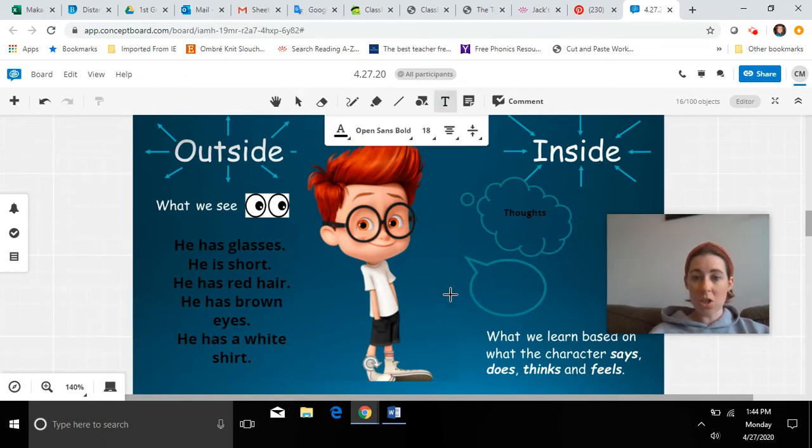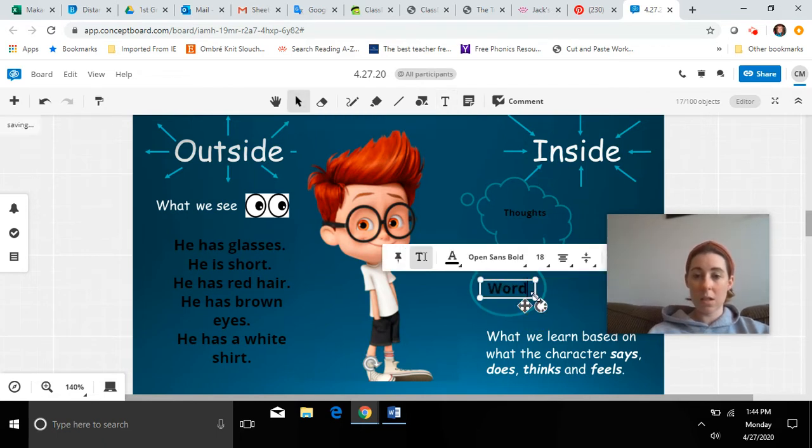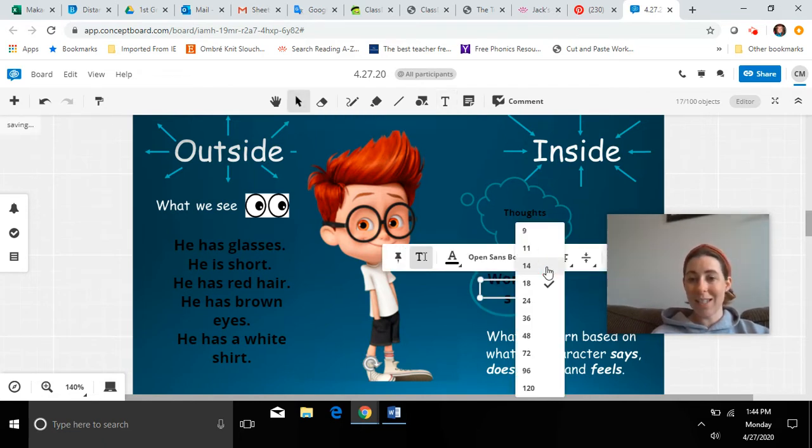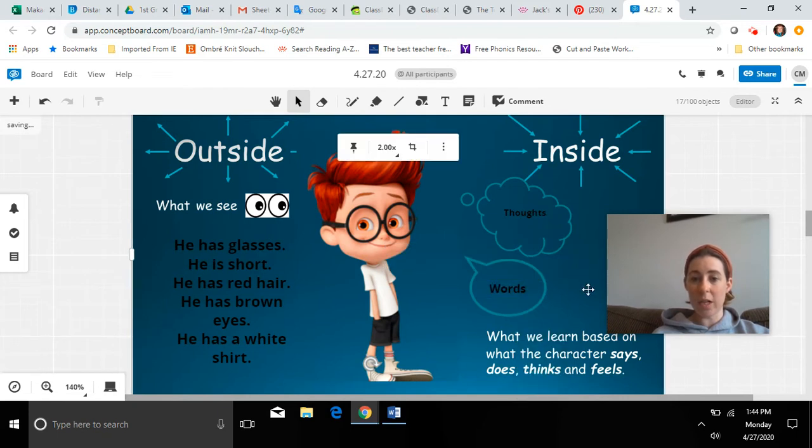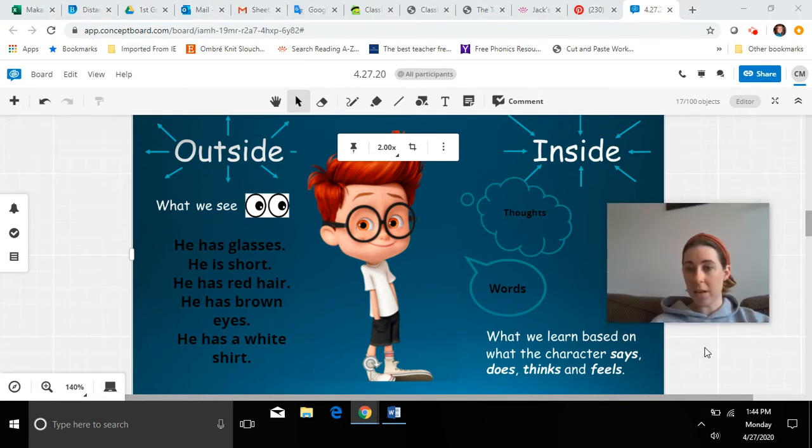We have to pay attention to his words, what he is saying in the story. Okay, those can help us tell about different character traits. So let's read this down here.